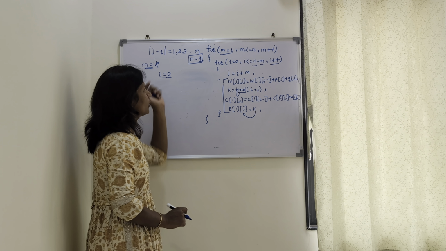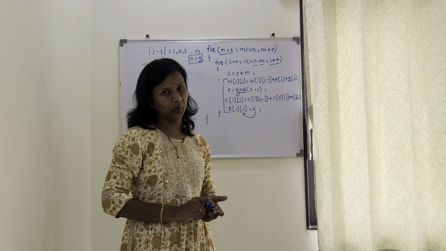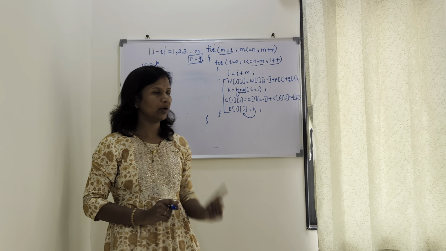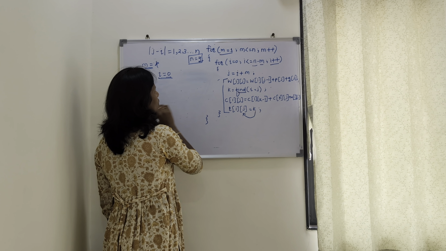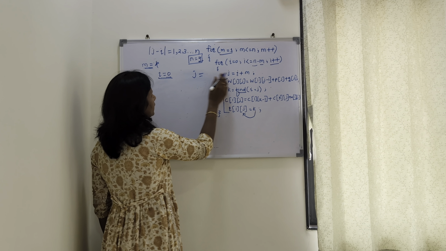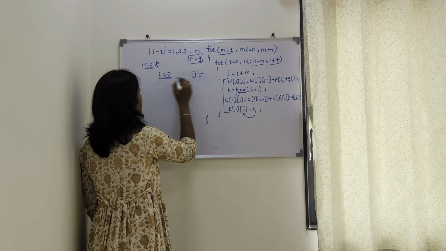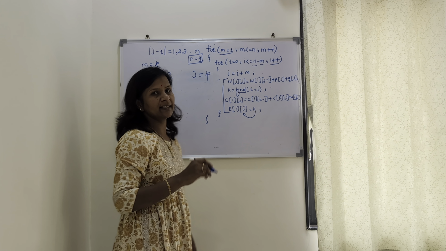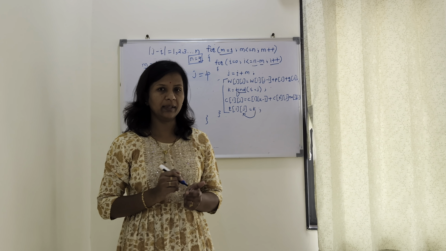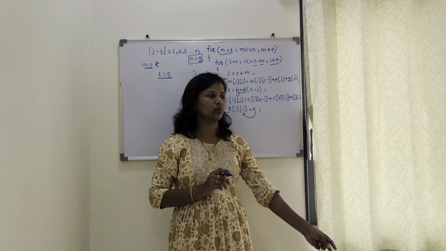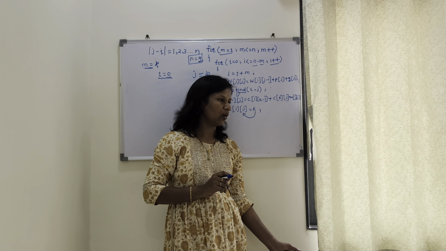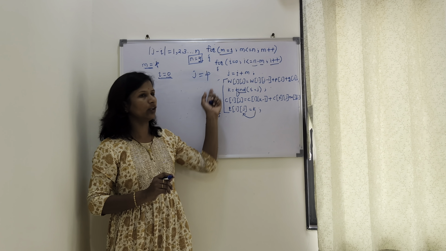That is also 4. So i less than or equal to 0, it means this loop will be executed only once where i equal to 0 and j will be calculated as i plus m. So 4 plus 0 gives us 4. Next time when i is incremented, i becomes 1, but 1 less than or equal to 0. Condition becomes false and this loop will break.